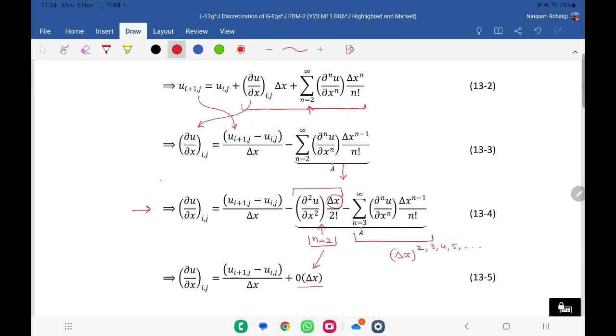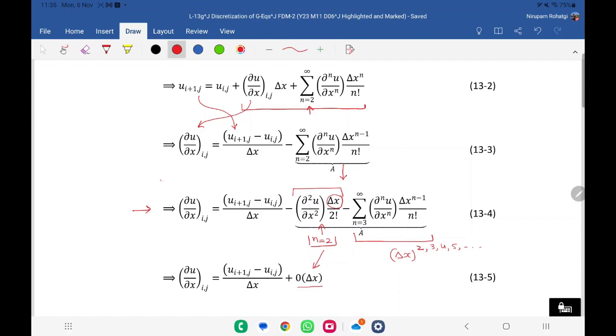It's something like this. If you are measuring, let us say, some cloth, you may be accurate up to 1 meter, you may be accurate up to 10 centimeter, you may be accurate up to 1 centimeter, you may be accurate up to 1 millimeter, and so on, depending upon the thing.